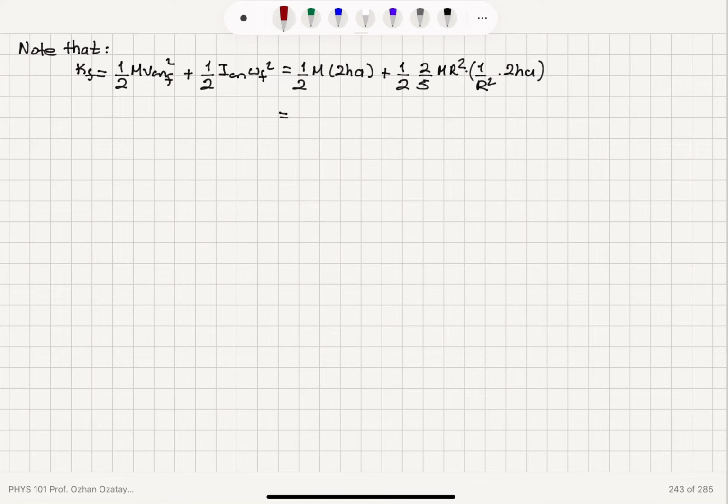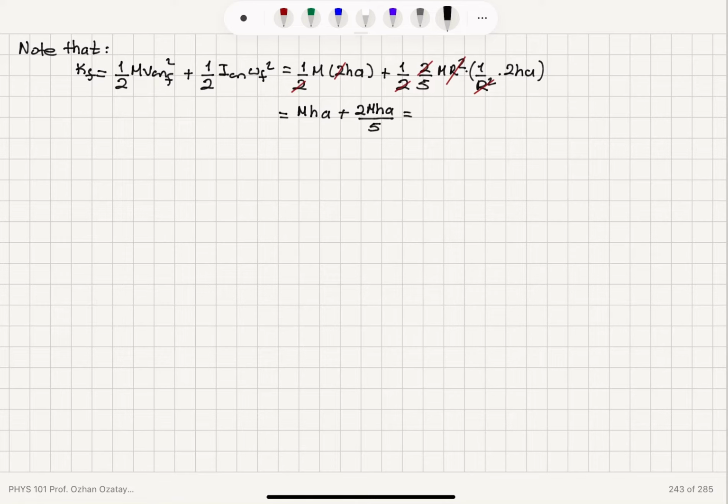So we can get rid of these 2's here and these 2's here, and the r squares will cancel as well, and we will be left with m h a plus 2 m h a over 5.